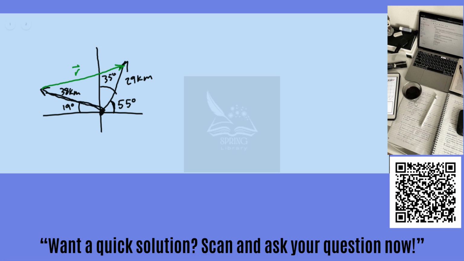So we've got the x component of these vectors. For this vector on the left right here, it has a magnitude of 38 kilometers times the cosine of 19. 38 times the cosine of 19 is going to be equal to 35.9 kilometers.